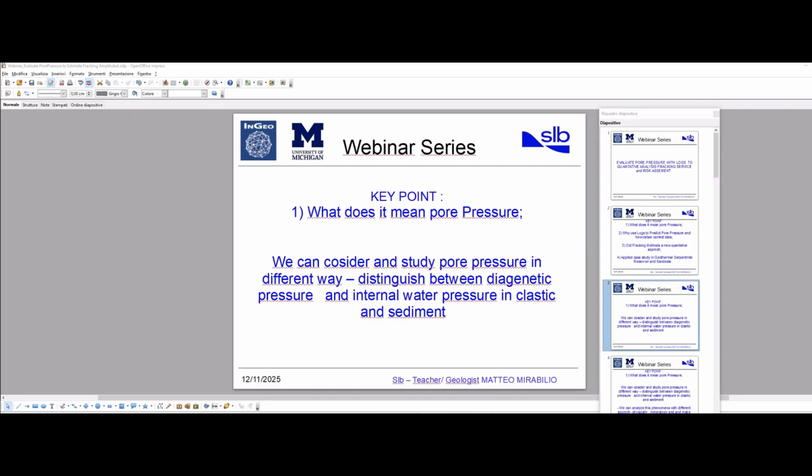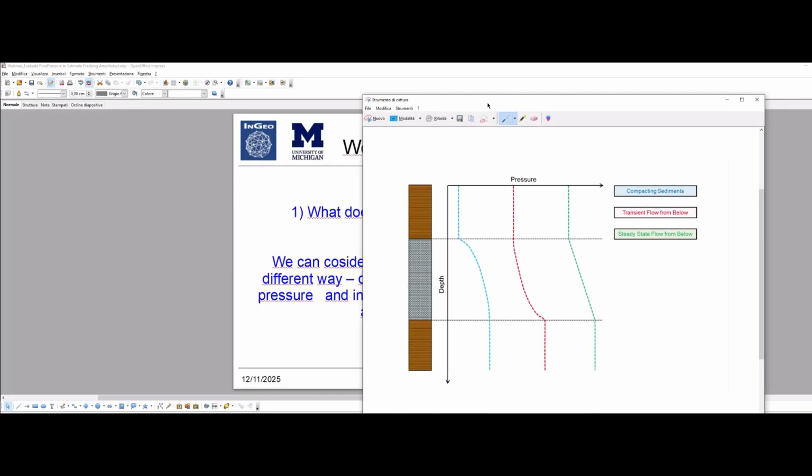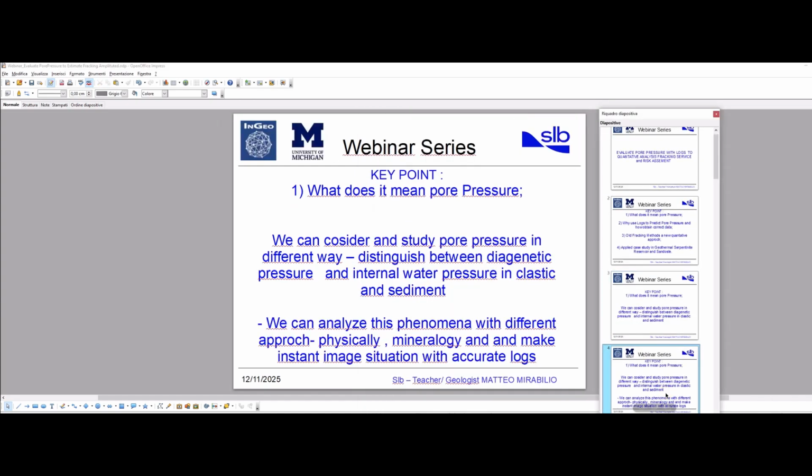We represent the history of change of this kind of sediment, so you can record the transient flow, the compacted sediment and the steady state flow below. These are the three types of pressure with depth, in this case representing the diagenetic pressure.